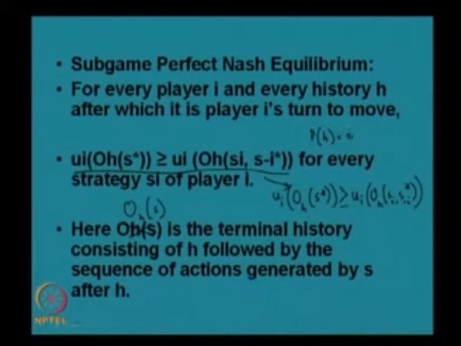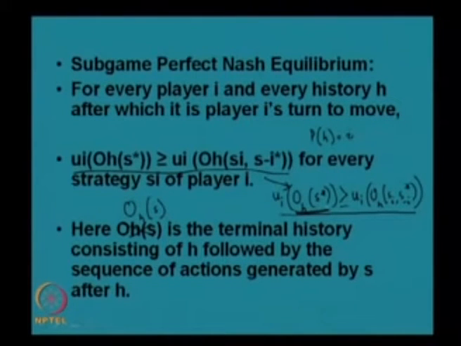Then it must be the case that if player i takes the action s_i star and other players take their actions s_1 star, s_2 star, etc., then the game will reach some terminal history after h has happened, and that terminal history is indicated by this O_h(s star). Here O_h(s) is the terminal history consisting of h followed by the sequence of actions generated by s after h.